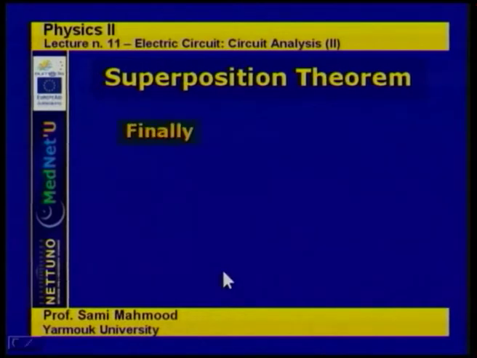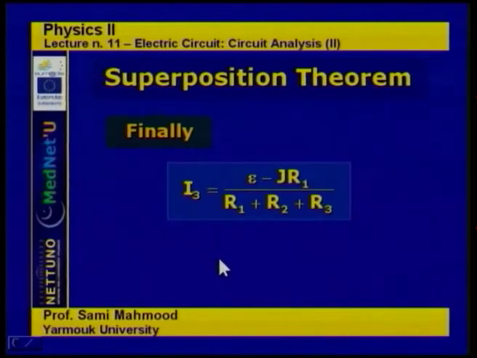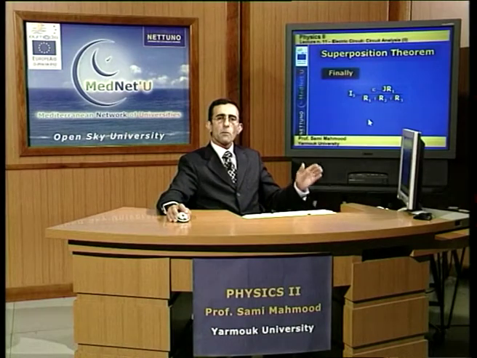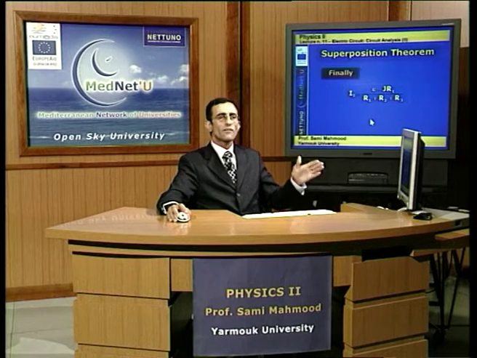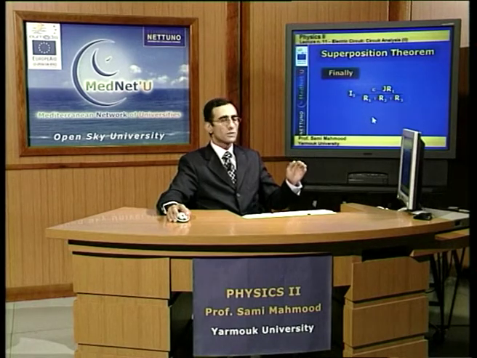And now we have two sources with two contributions. If we add up these two contributions, according to the superposition theorem, we obtain I3 equal to epsilon minus JR1 over R1 plus R2 plus R3, which is exactly the same result that we obtained by using Thevenin's theorem or Norton's theorem.